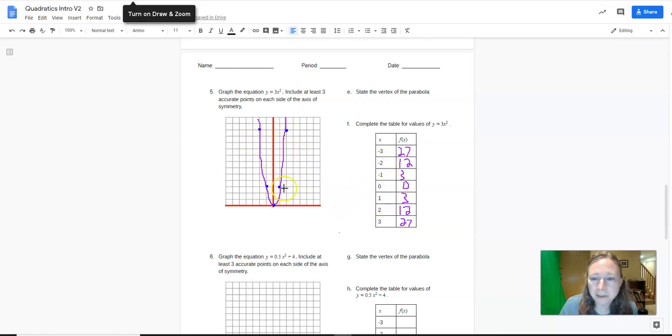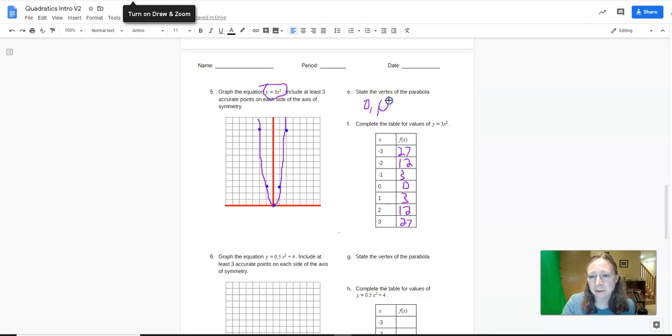The vertex of this parabola is still at (0, 0), but you'll notice it elongated and got kind of long and skinny. And so that's an important thing to notice about this quadratic function. We didn't add or subtract anything, but we multiplied the x squared term by 3, and look what it did to the shape. The vertex is still at (0, 0).